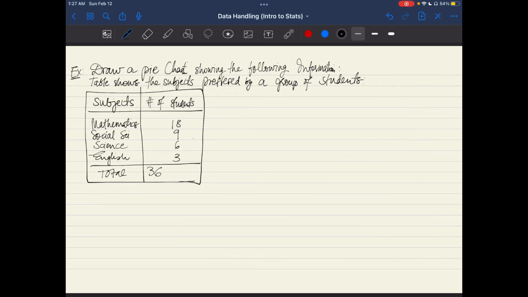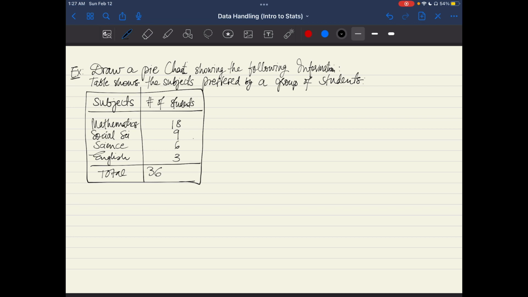Okay, now let's move on to the next question. Next question says, draw a pie chart showing the following information. Table shows the subjects preferred by a group of students. So we have the table here, and we have mathematics, social sciences, and English as the subjects, and we have the number of students that prefer the subjects mentioned.